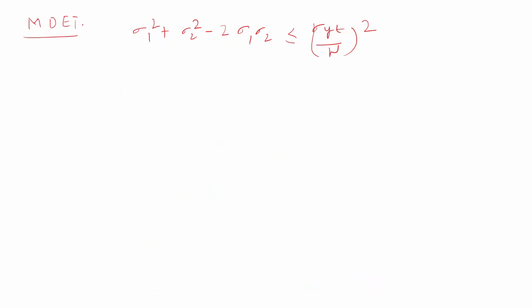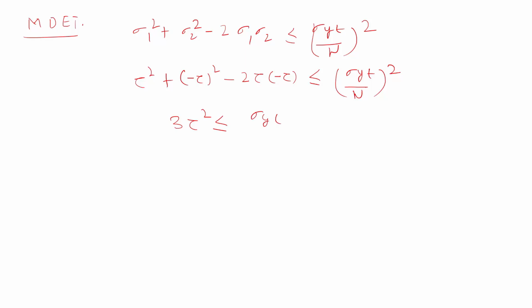So from here we know that sigma 1 is tau, so this is tau square, this is minus tau square minus 2 tau multiplied by minus tau, and sigma yt over n whole square. If we solve this, this becomes 3 tau square equals sigma yt over n whole square.